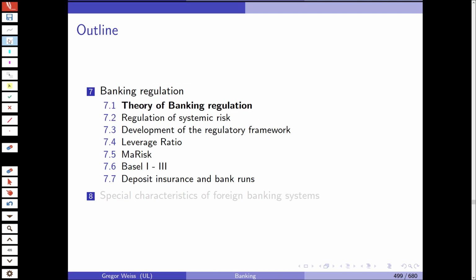Okay, so we'll first start with the theory of banking regulation and then move on to systemic risk, regulatory frameworks, leverage ratios, the MaRisk, the Mindestanforderungen an das Risikomanagement in Germany, and Basel 1, 2, 3, and last but not least, deposit insurance and bank runs.